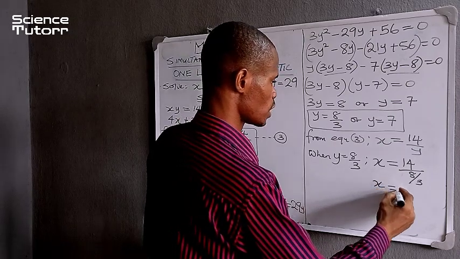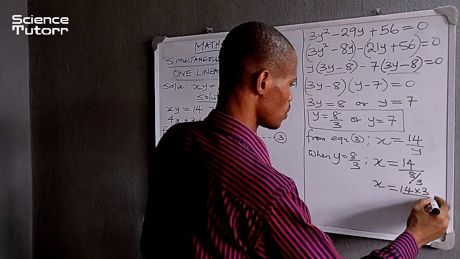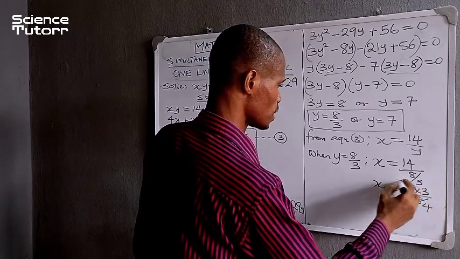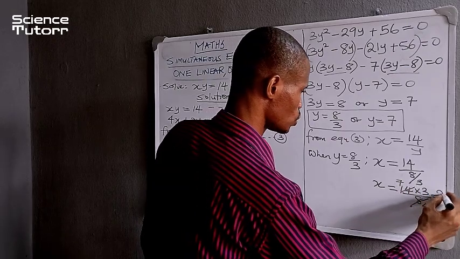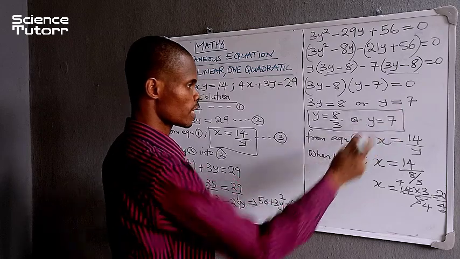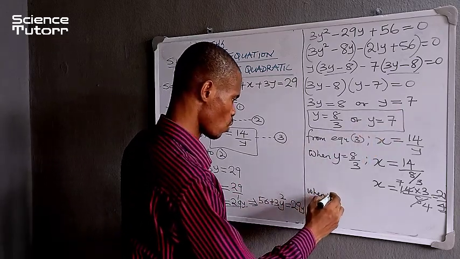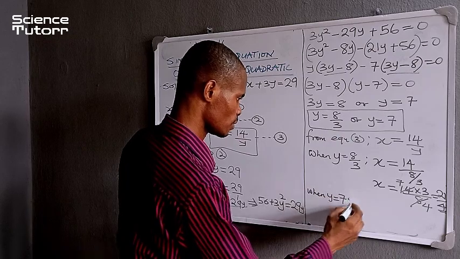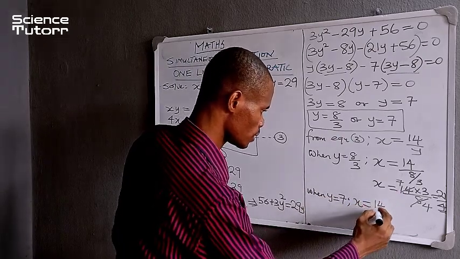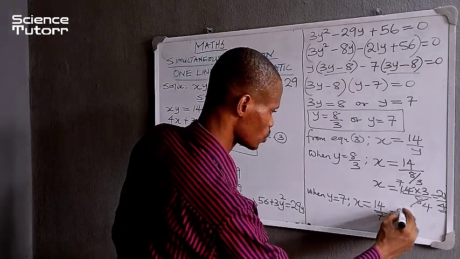So x will be equal to 14 times 3 all over 8. 2 here is 4, 2 here is 7. So that makes 21 all over 4. For the second case, when y equals 7, x is equal to 14 over y, which is 7, which is equal to 2.